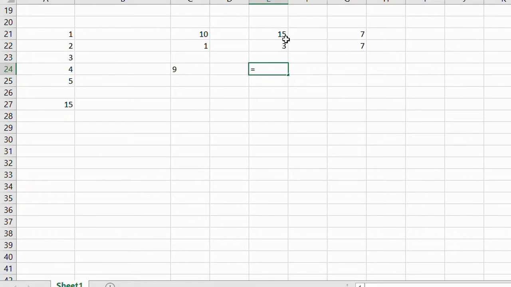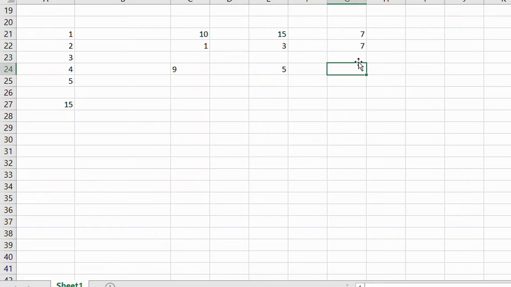So for example, I want 15 divided by 3, so I'm going to control click 15. I'm going to put the divide sign, which is a slash, and then the 3. When I press enter, it will be 5. And we can tell this because 15 divided by 3 is equal to 5. And here it shows that I selected the correct cells.